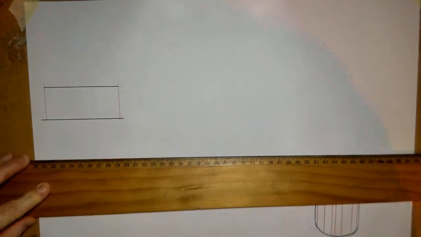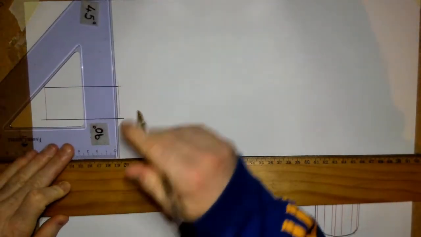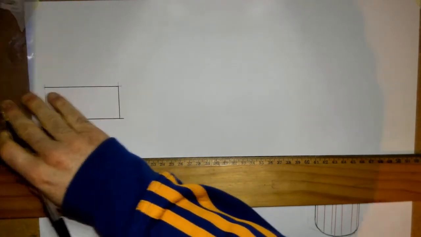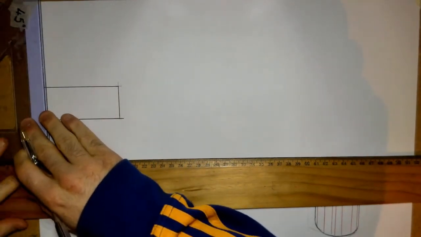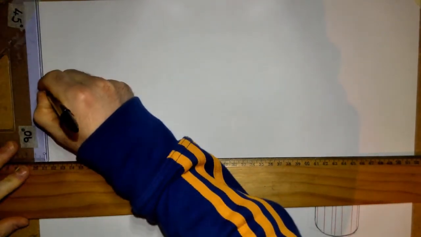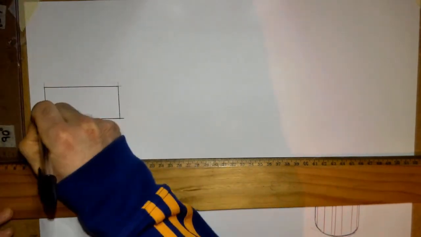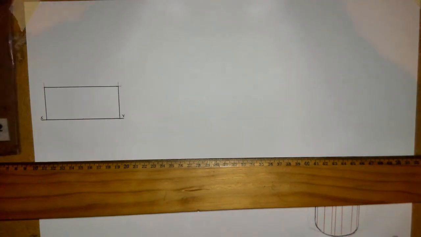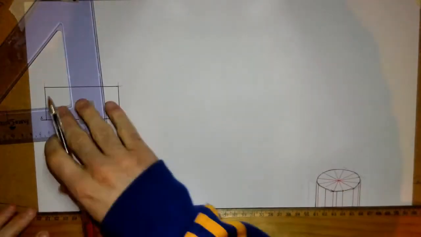Put in my XY line. So there we have it. There is the elevation of our cylinder, and now what we have to do is the plan.